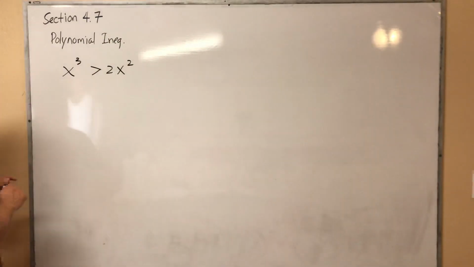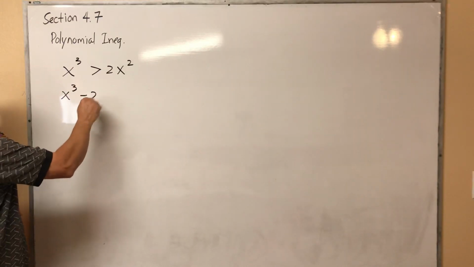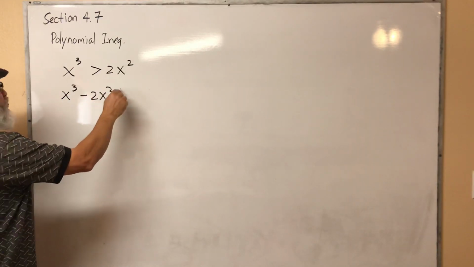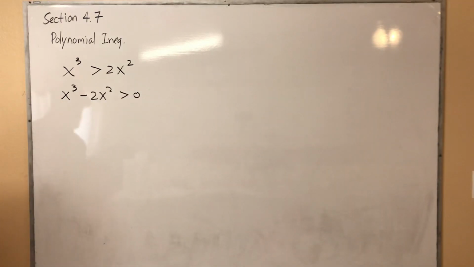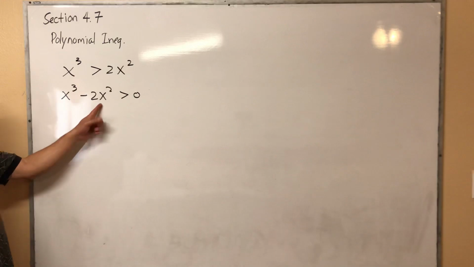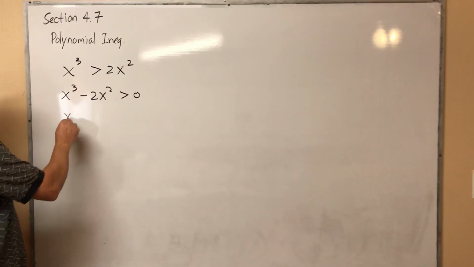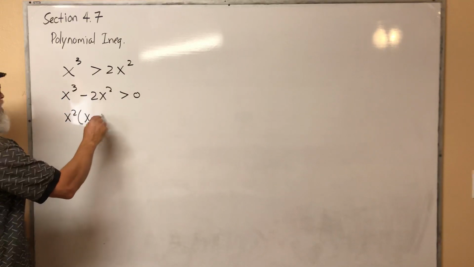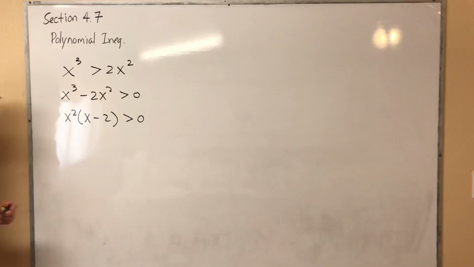So bring it over. So x cubed minus 2x squared greater than 0. Look at that. Okay. You're going to factor the non-zero side. So x squared times x minus 2 greater than 0. Okay?